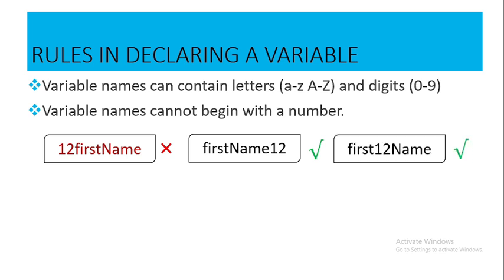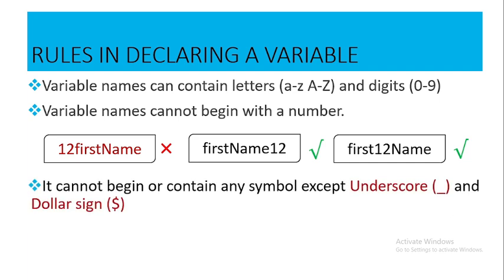This particular variable name, first12name, is also valid or correct. Why? Because the variable name does not begin with a digit or a number, but it contains a number. So the rule says that variable names cannot begin with a number.